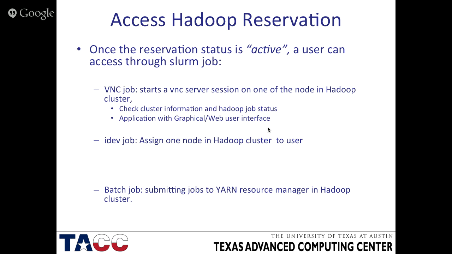That will grant you access to, say, the web user interface or web API of the Hadoop cluster if that is something you need. And also you can gain some graphic output if your analysis needs graphic or visualization features to go with your Hadoop cluster as well.